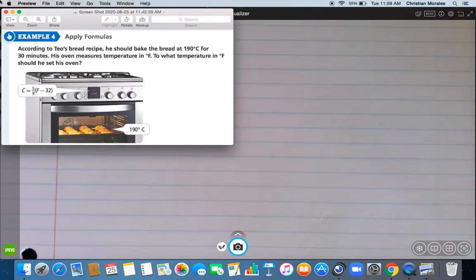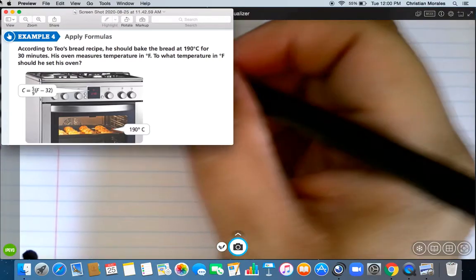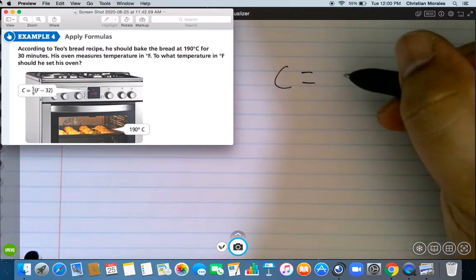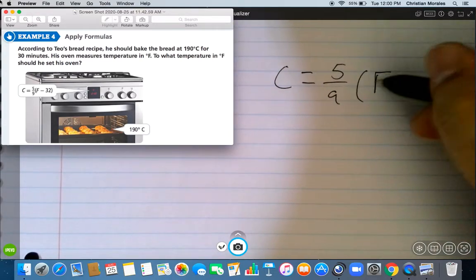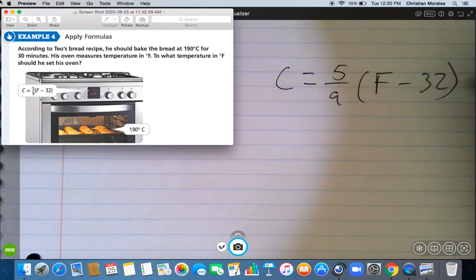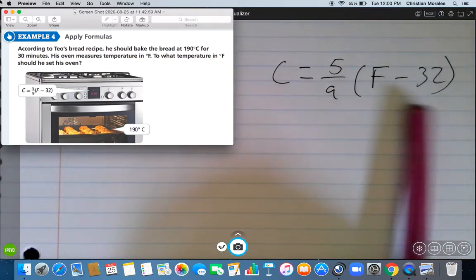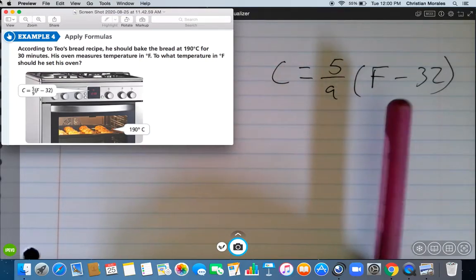So to use it correctly, we have to change 190 Celsius to Fahrenheit. So we take the formula that they give you. The formula that they give us is Celsius equals 5/9 (F minus 32). Okay, so we need to rewrite this formula.